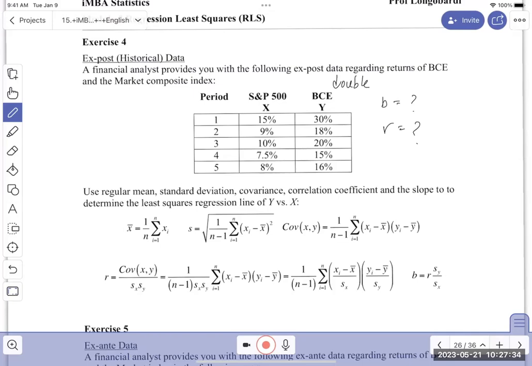Is the doubling perfect? If it's always double? Seems to be, it's always double. So would you say R is probably 1? So what is B?